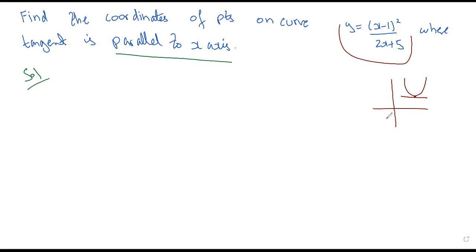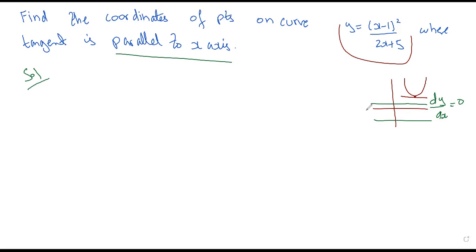Anything which is parallel to the x-axis would be a perfectly crisp straight line, which would be horizontal, right? When we talk about horizontal lines, the gradient of any horizontal line, parallel to the x-axis, would be 0. dy by dx is 0 for both of these green lines because it is just like the x-axis.